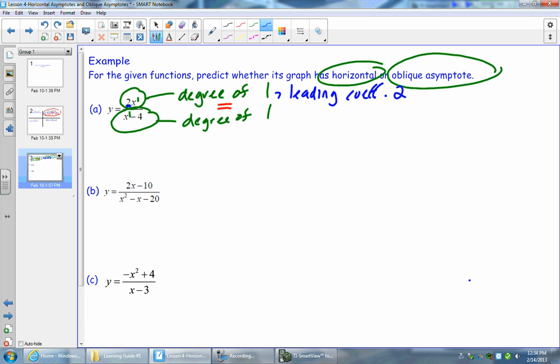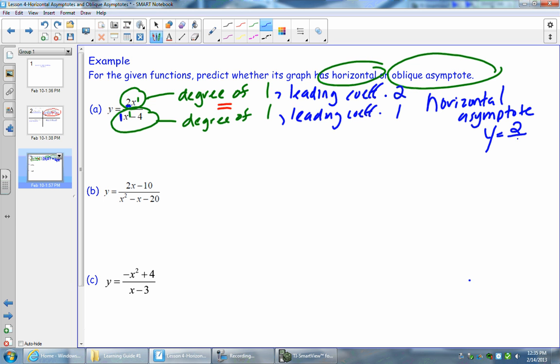And on the bottom we have a leading coefficient of 1, because there's actually a number 1 in front of that x there. So hence we have a horizontal asymptote at the line y is equal to 2 over 1, which is simply y is equal to 2. So that's where the horizontal asymptote is.